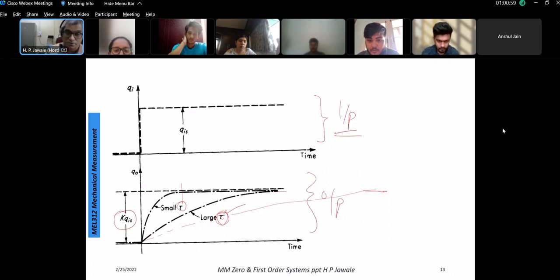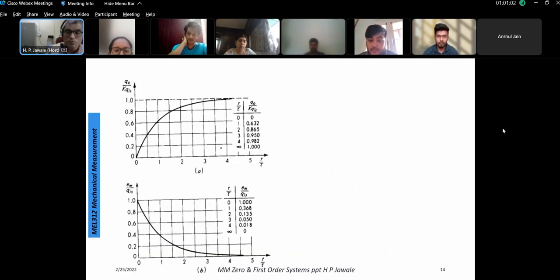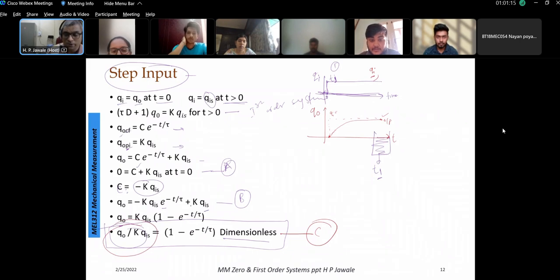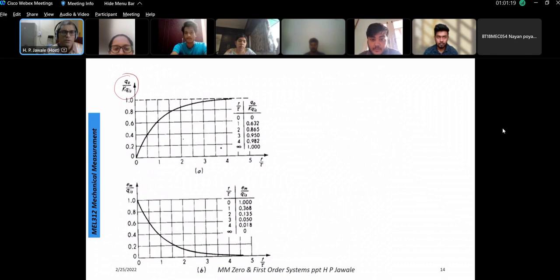It will very easily sense even a small, minute possible change with respect to time. Now, if we plot the graph of Q0 upon KQIS, from the last equation that we have seen here, say if I call this equation C, we can represent Q0 by KQIS in terms of a graph over t by tau.